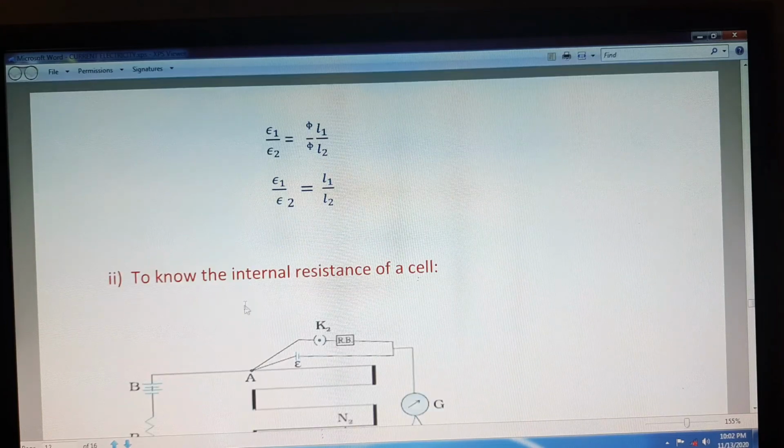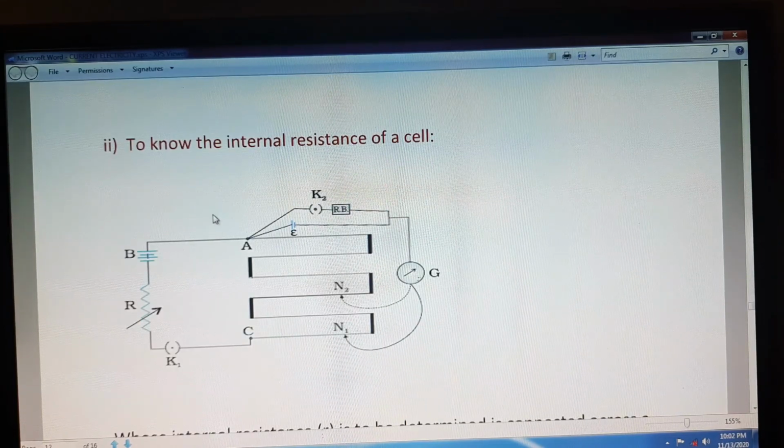In the same manner, we can determine the internal resistance of the given cell. In the above topic, we discussed taking two cells. In this situation, we have to take only a single cell. The electromotive force of the cell is epsilon, and we can find the internal resistance of the given cell.